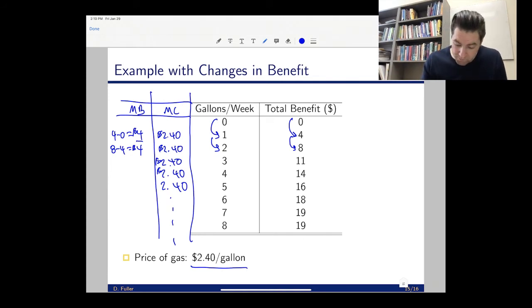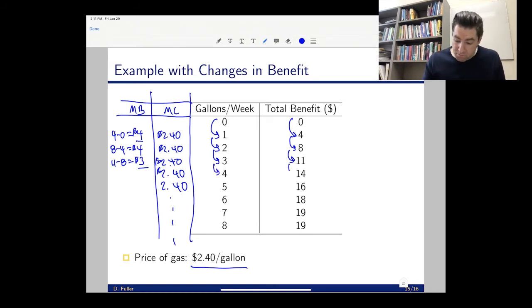What about if I go from 2 to 3 gallons per week? My benefit goes from 8 to 11. An extra $3 of benefit is still bigger than the extra $2.40 in cost, so I should add the third gallon. Now, what about from 3 to 4?